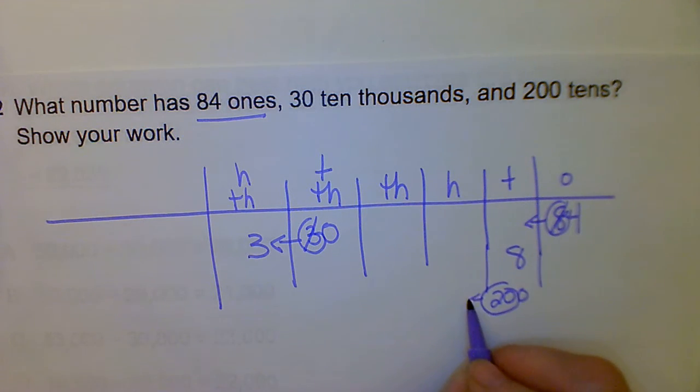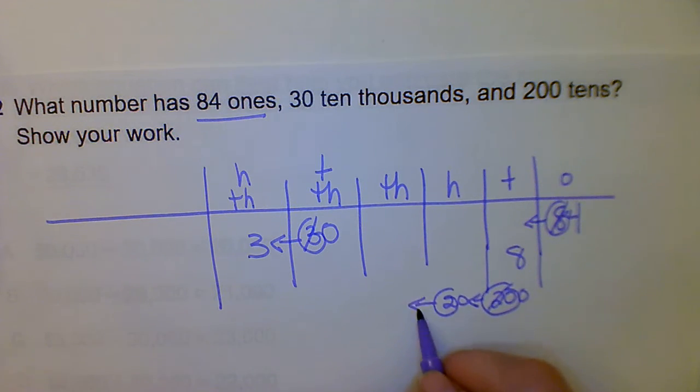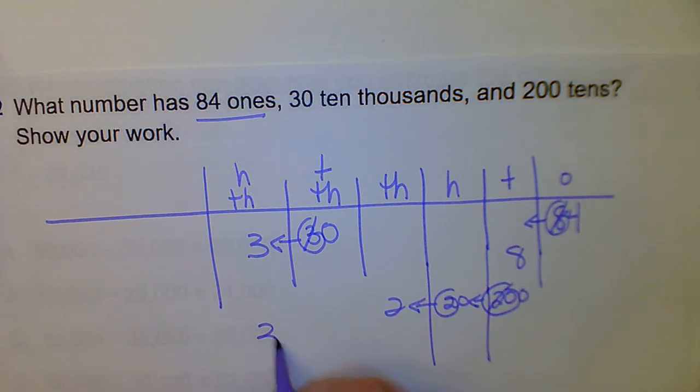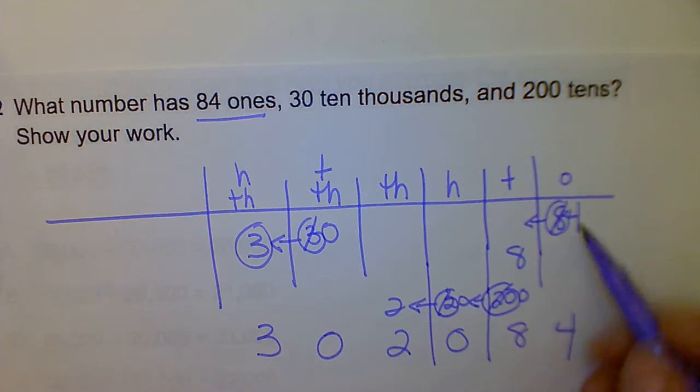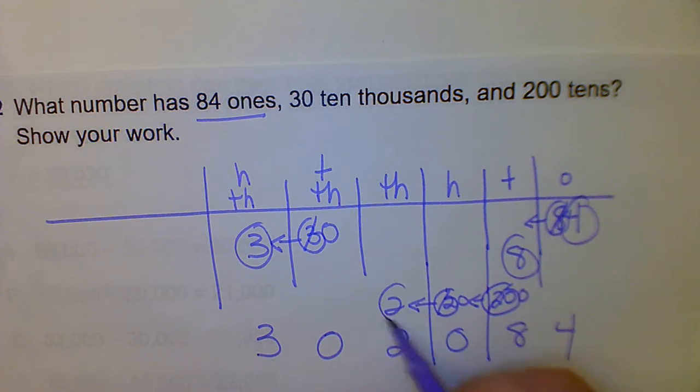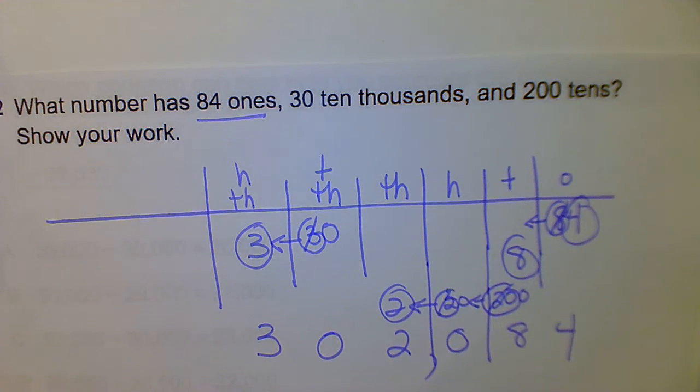They need to regroup and go over here. And then I can show that this one's gone over there. So now we have 3, 0, 2, 0, 8, 4. I'm just holding on to all the things that I have left. And there you have it, 302,084.